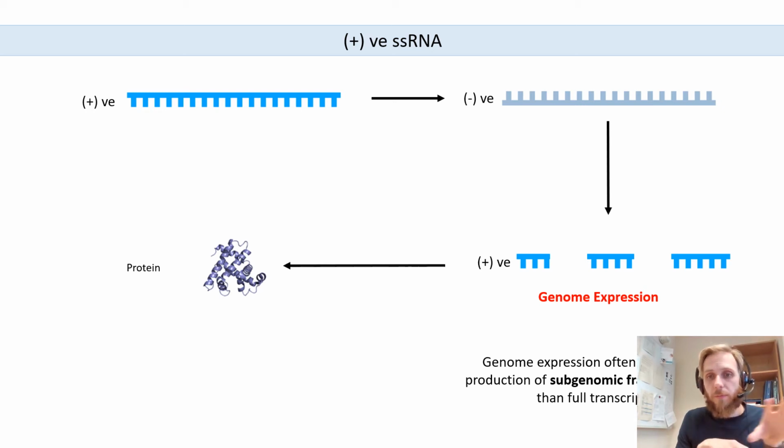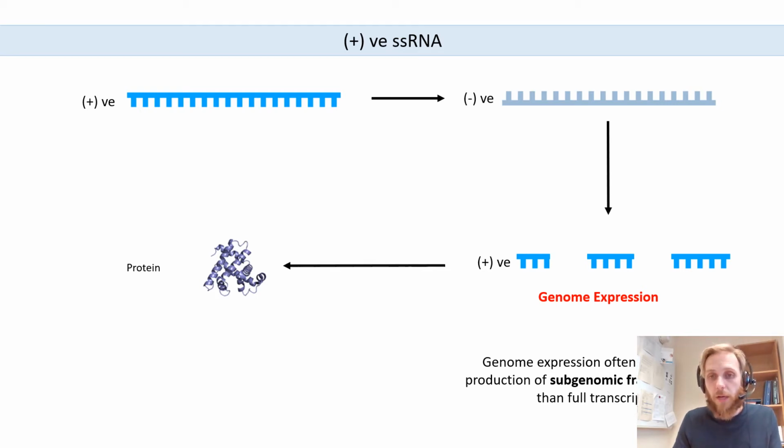A few slides ago, we considered how in some viruses, the positive sense single-stranded RNA viruses, the processes are the same. It's the same process, and that's absolutely fine. However, that's not always the case. The positive sense single-stranded RNA viruses where the processes are the same exist, but it's not all positive sense single-stranded RNA viruses that operate this way.